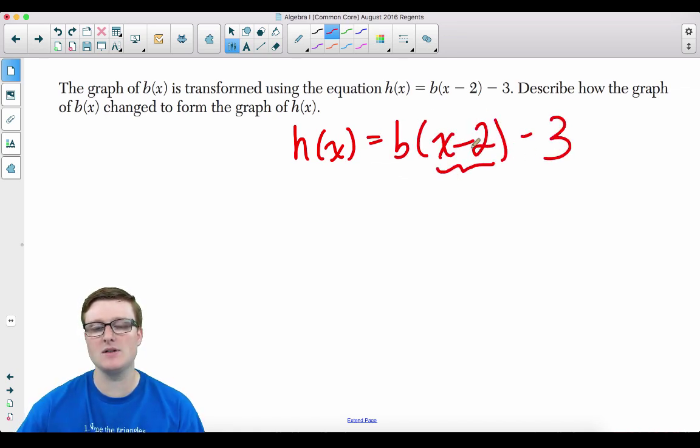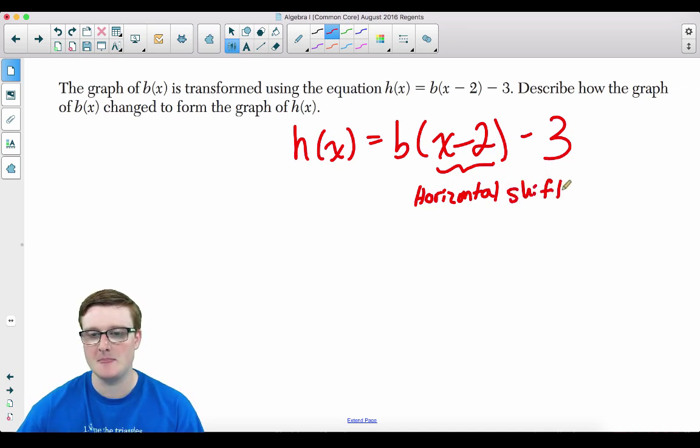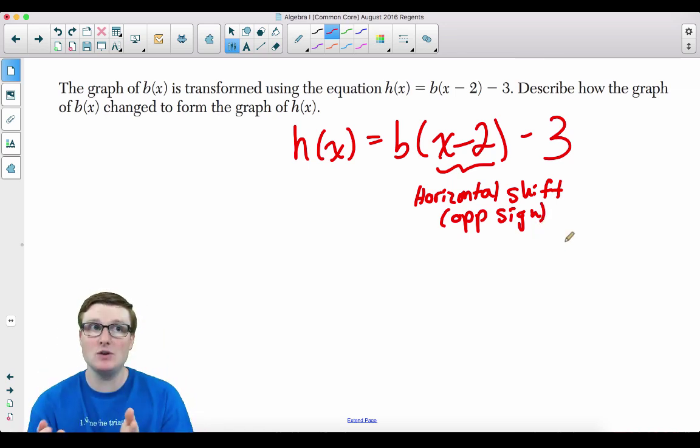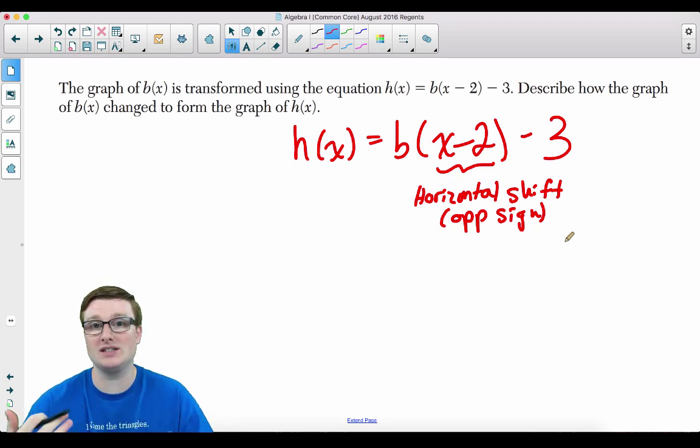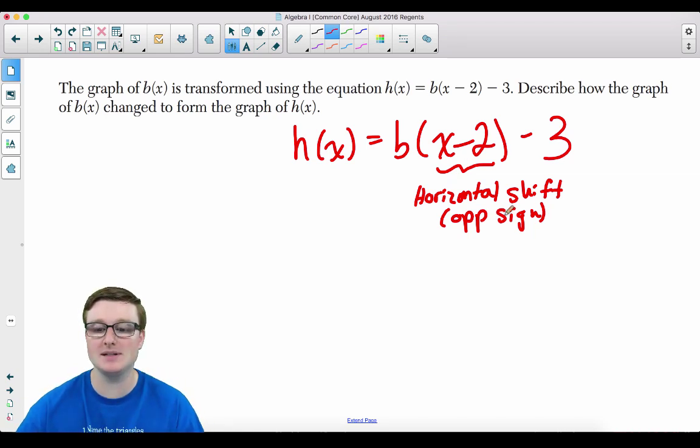If you have a number that is inside of a parenthesis, that is suggesting a horizontal shift. A horizontal shift is opposite the sign, meaning that if it's negative, you would think it's going to the left, but it's actually the opposite direction of what the sign is. So this is going to be a horizontal shift to the right by 2 units.